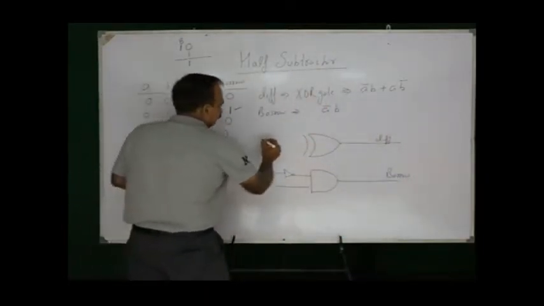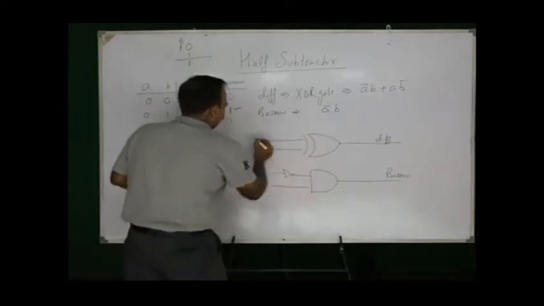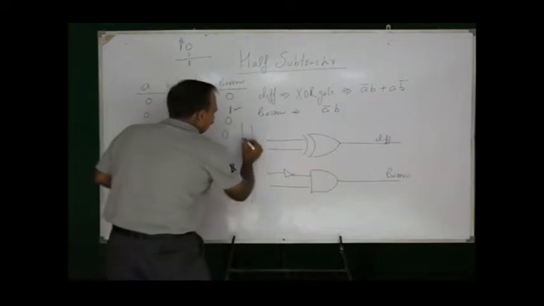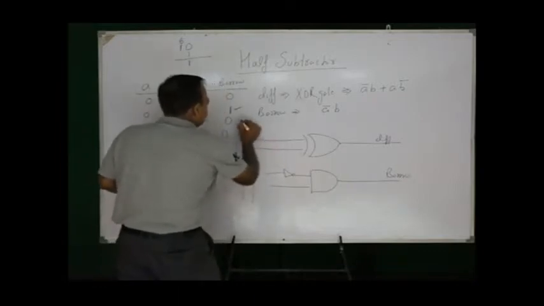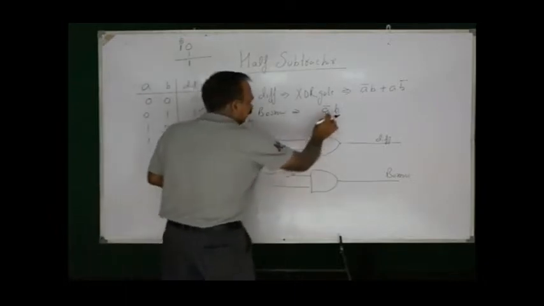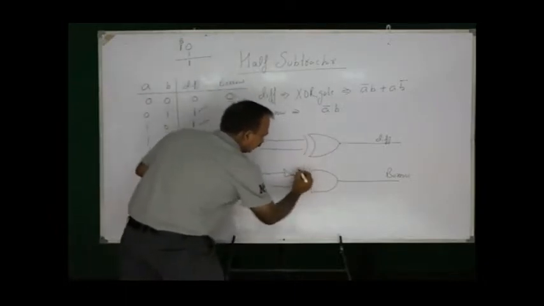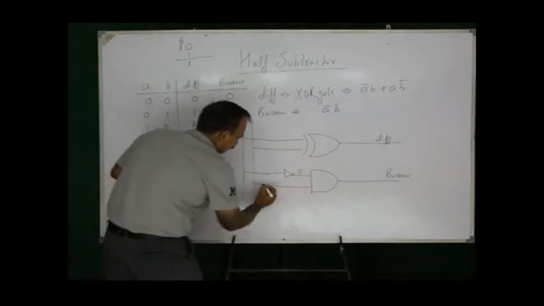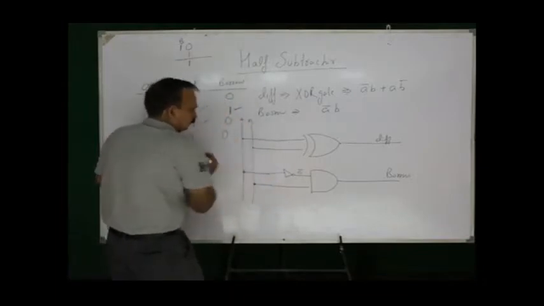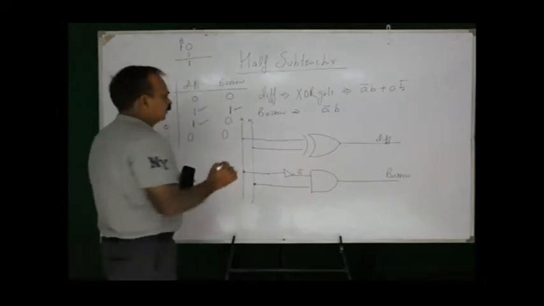Now, inputs. The inputs in the first case will be A B. For the XOR gate it will be A and this one is B, and this one is A, because I need A bar, that is why this entry will be A bar and this value is going to be B. So, A bar into B, that represents the borrow.